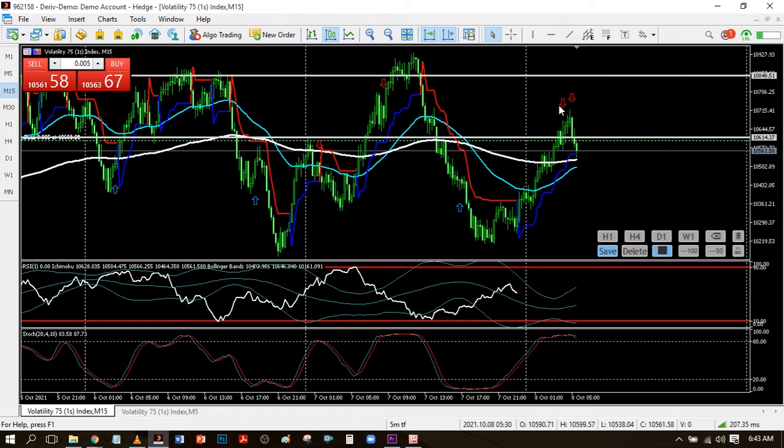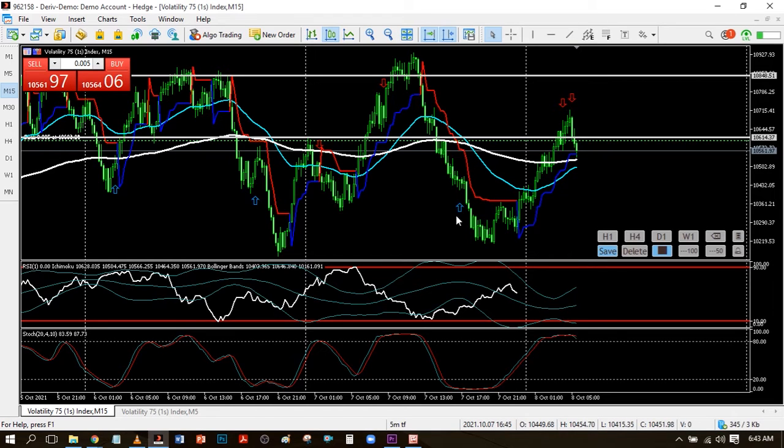The trend trailer indicator already gave me a down arrow, showing that the market is going downwards. And you can see this white line here has not touched this upper Bollinger Band.